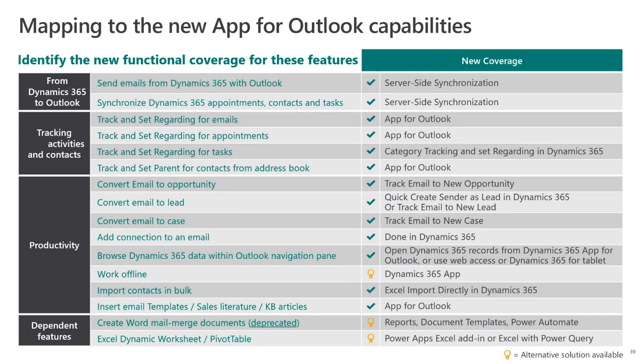And now for some of the dependent features, for example, Word mail merge, you can use SSRS reports in Dynamics 365, document templates, and also Power Automate, and we'll discuss that in more detail in a bit. And for dynamic worksheet and pivot table, you can use the PowerApps Excel add-in, or you can also use Power Query in Excel to retrieve data dynamically from Dynamics 365 and the Common Data Service.